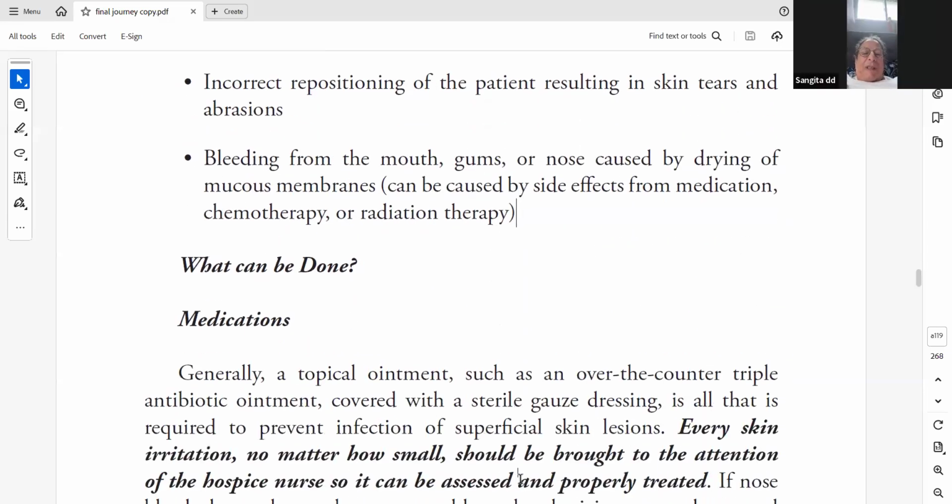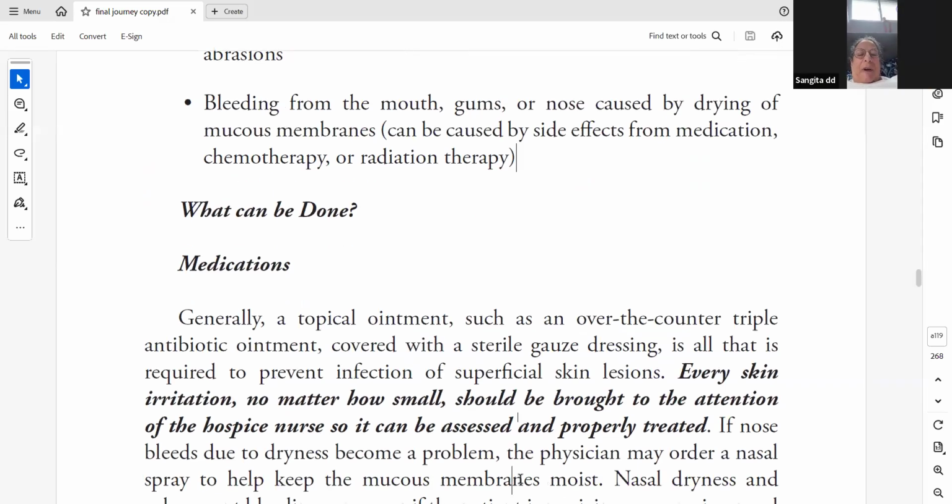Does everybody know what skin tears are? Boy, we're going to have a bunch of nurses out of this class. You want to explain what a skin tear is, Taravali? Like if we pull a patient and don't lift them properly. Yeah, so the skin actually can tear.